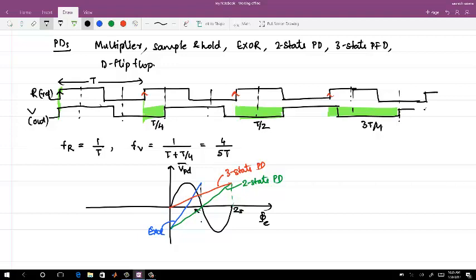So you see that in the sinusoidal, XOR and two-state PFD, for the same positive frequency error, you are changing the polarity of the signal. Sometimes you may get positive, sometimes negative, for the same positive frequency error.